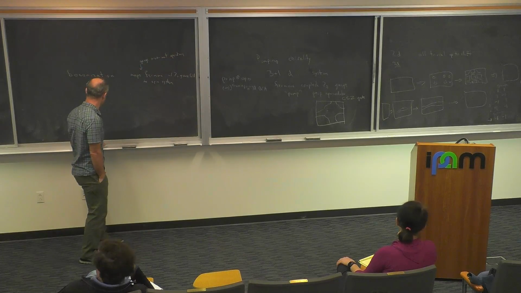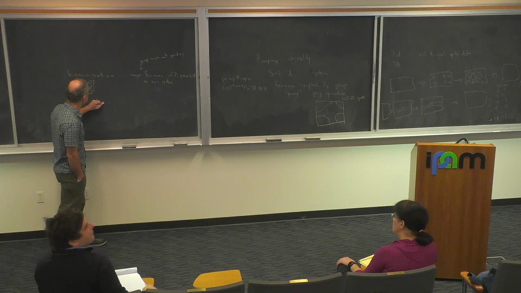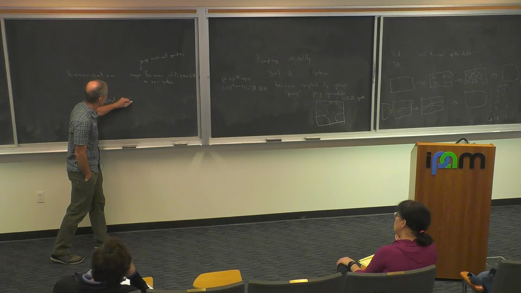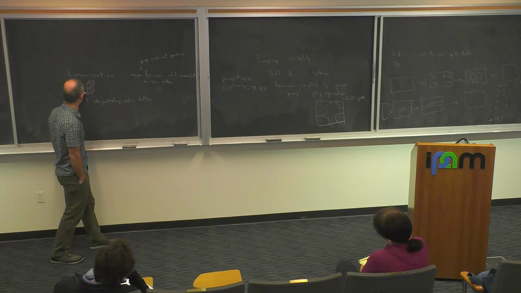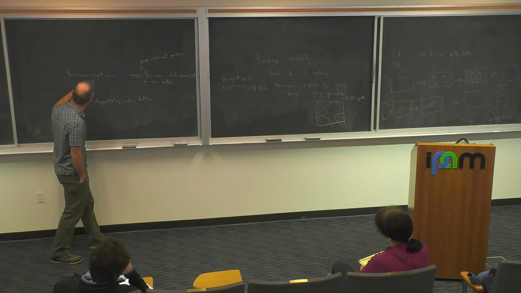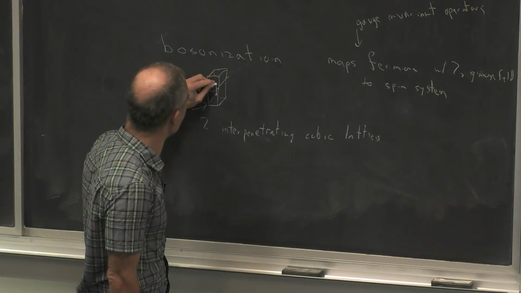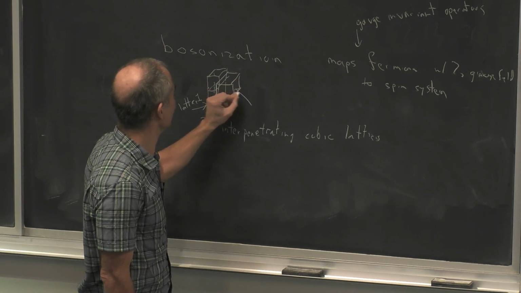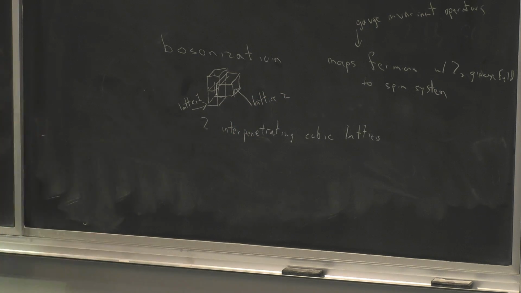We don't have another color, so you actually have two penetrating cubic lattices. So this is lattice 1, and then inside it there's some other lattice 2.